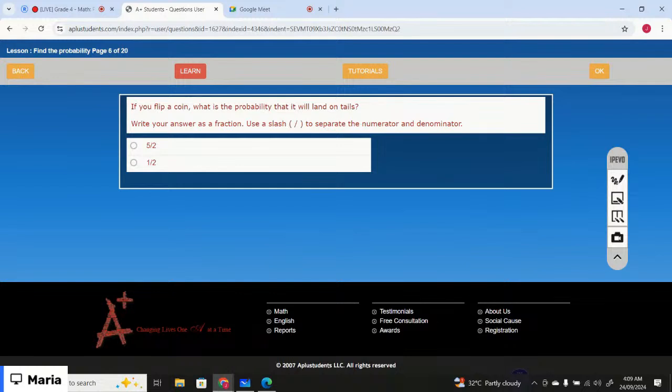If you flip a coin, what is the probability that it will land on tail? The probability of tail is 1 over 2.